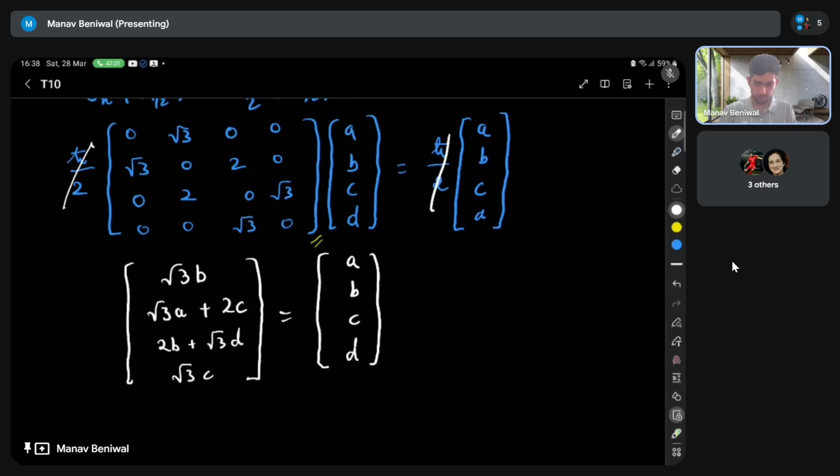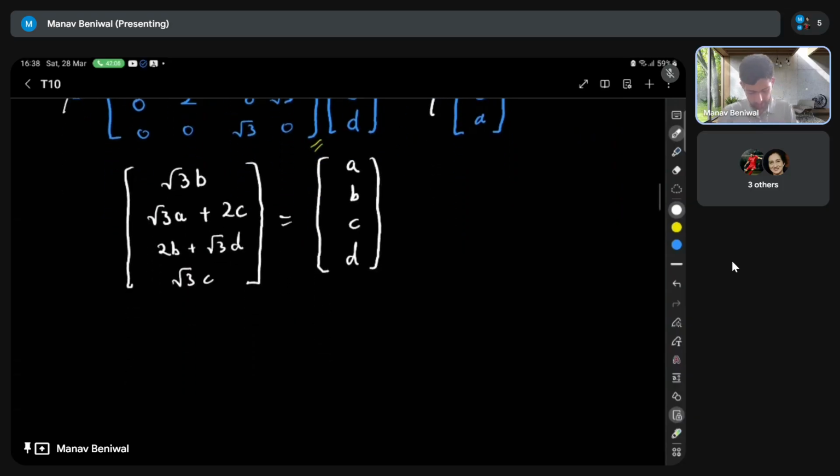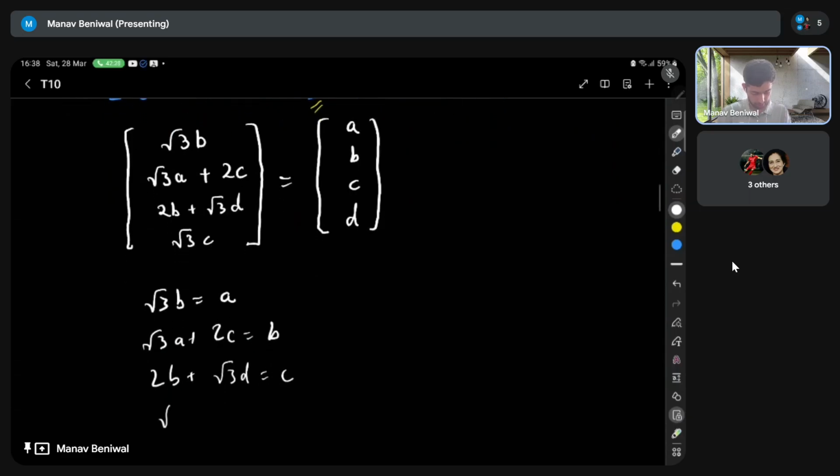So the first equation will give us under root 3b is a, and then under root 3a plus 2c is b. Then we have 2b plus under root 3d as c, and finally under root 3c is d.